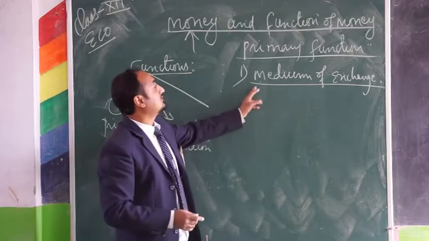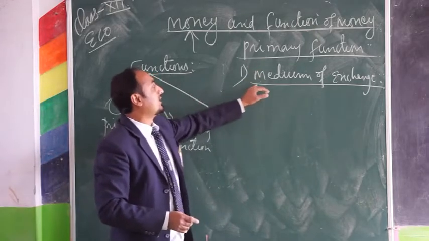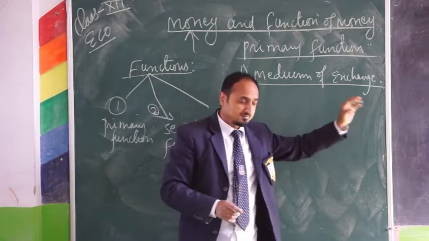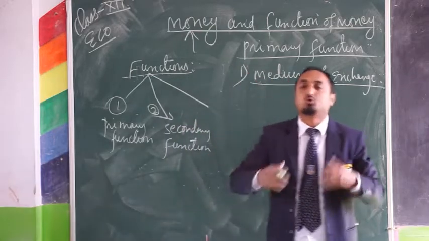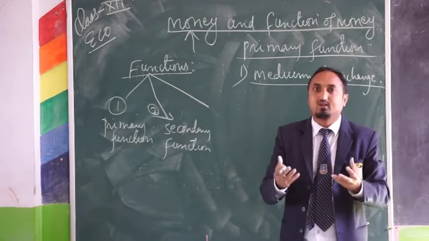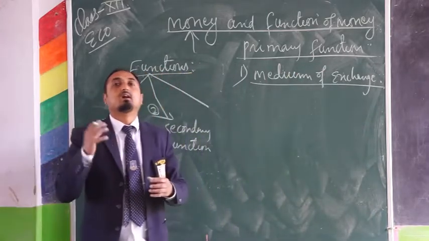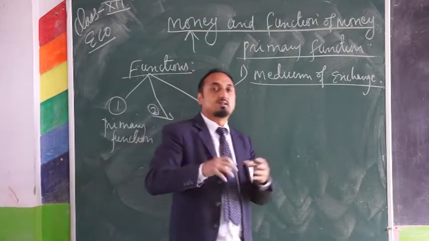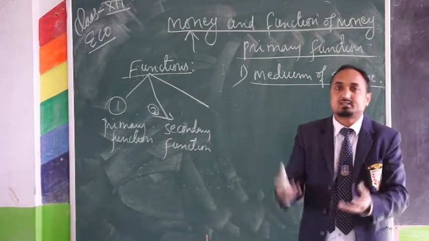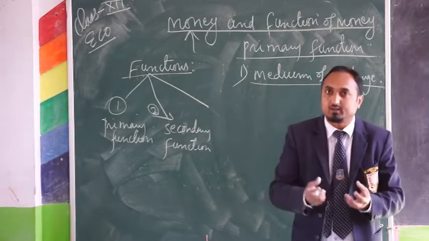So the first primary function is medium of exchange. When we go to the market and purchase anything, in order to buy and sell a commodity, what is needed? Money is needed. Money is exchanged for purchasing or selling any commodity in the market.